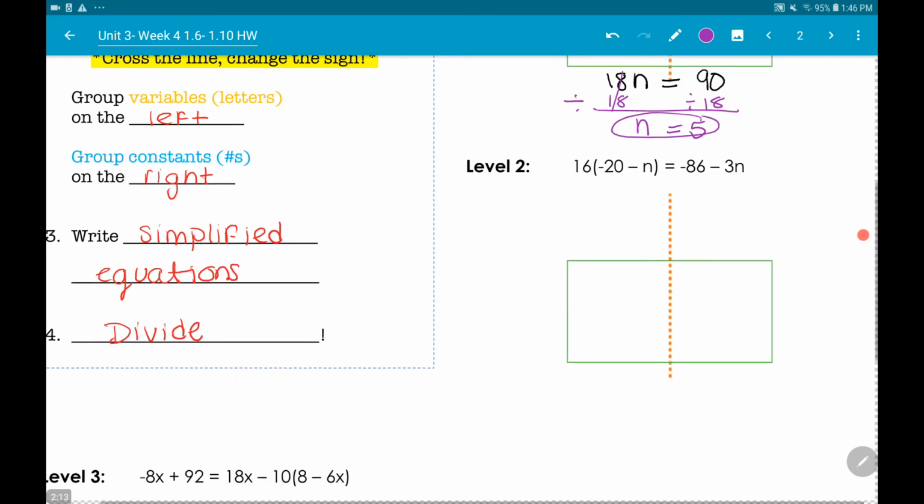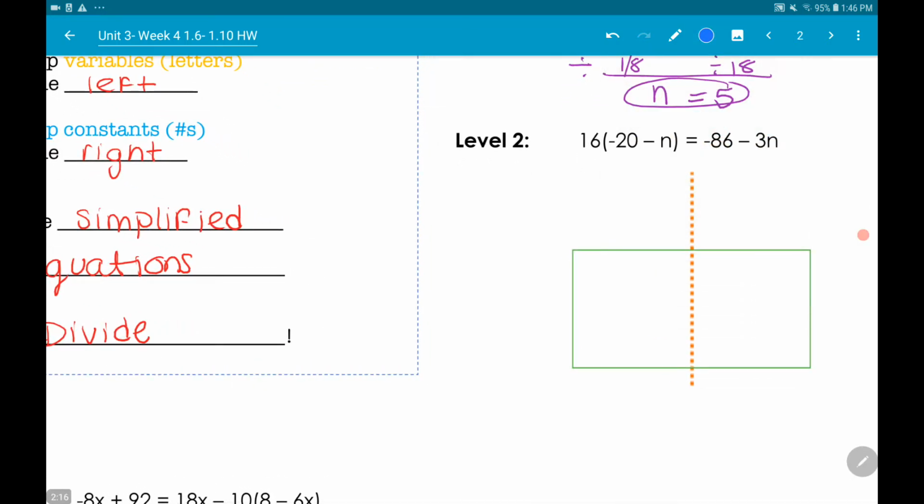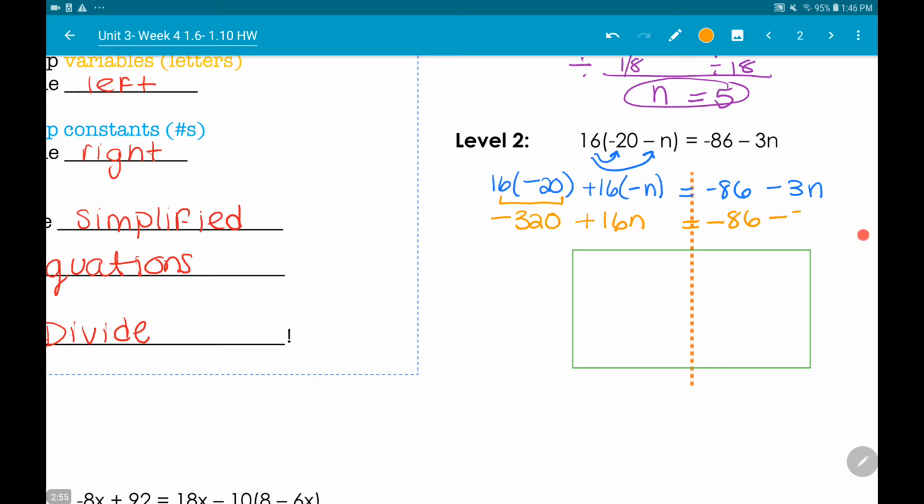All right, so let's do it again. I have distribution. Then I multiply, and everything else I'm going to bring down.